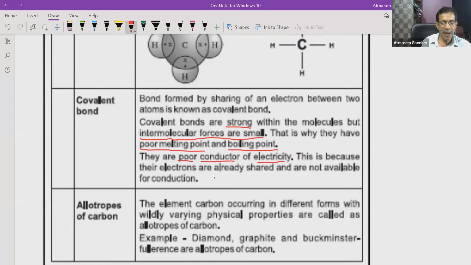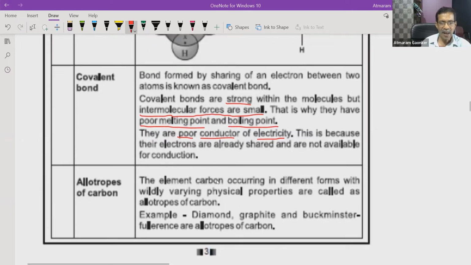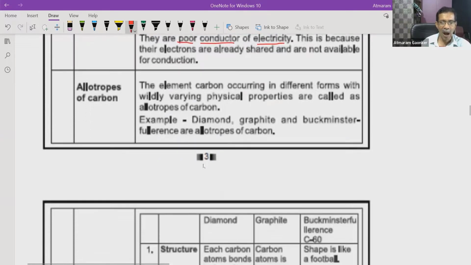And this is because their electrons are already shared and not available for conduction. A question can be why carbon compounds or covalent compounds are poor conductors of electricity. That is because their electrons are already shared and not available for conduction. That is the reason. And then we will see allotropes of carbon.